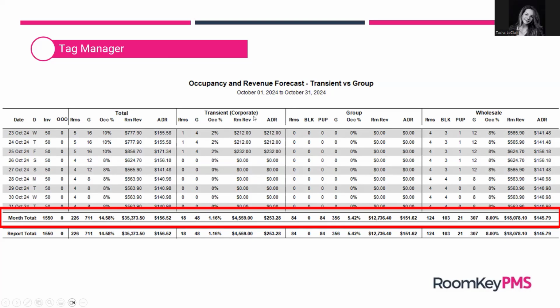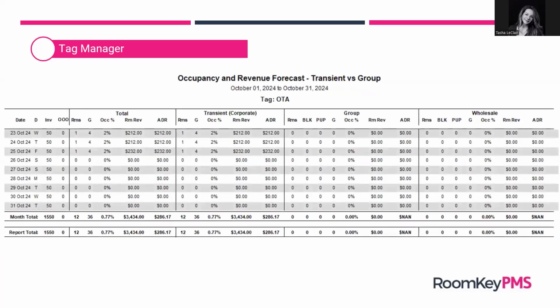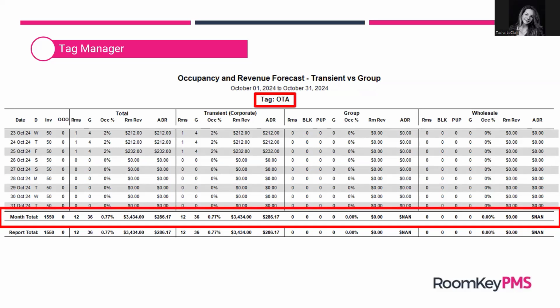Then it breaks out that total based off of corporate business, group business, and wholesale business. Each one of those totals is represented at the bottom of this report. So that is this basic report without any of the filtering using the tag tool. For this next report, I'm going to apply a tag to the exact same report, but this time I've applied the OTA tag.